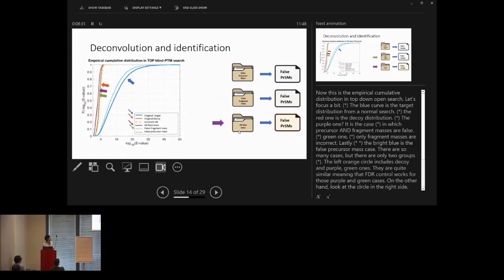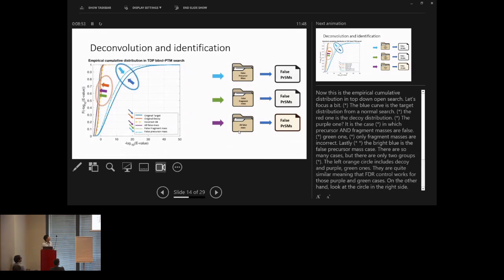And these two cases, yellow and purple, are false PrSMs: purple is all false masses, meaning precursor and fragment masses are shuffled, and green is only fragment. And lastly, the bright blue is the case where false precursor masses are used.